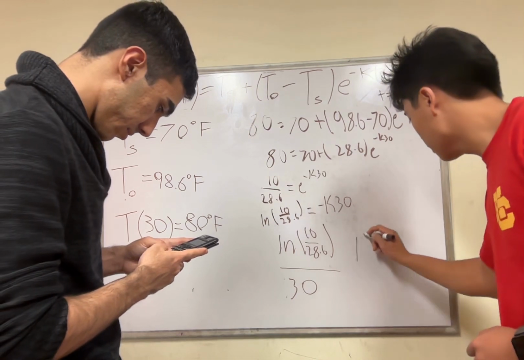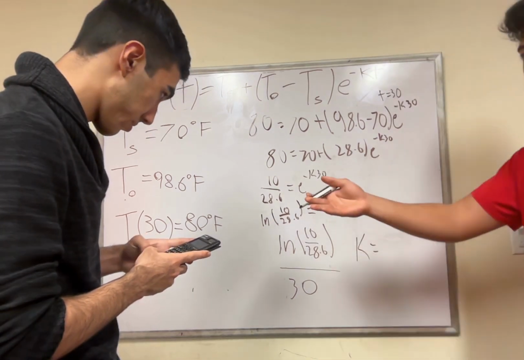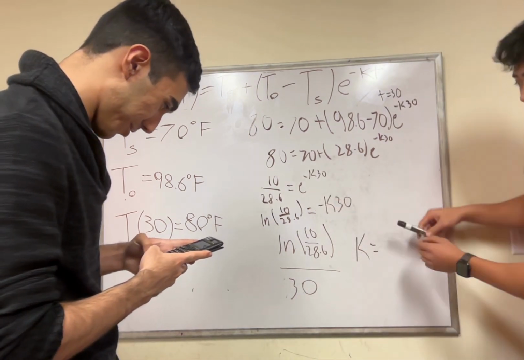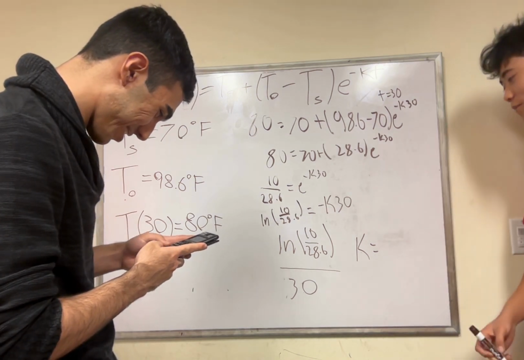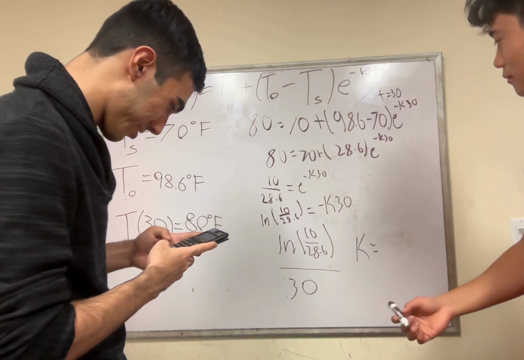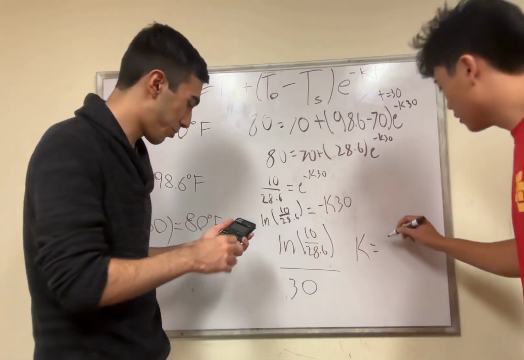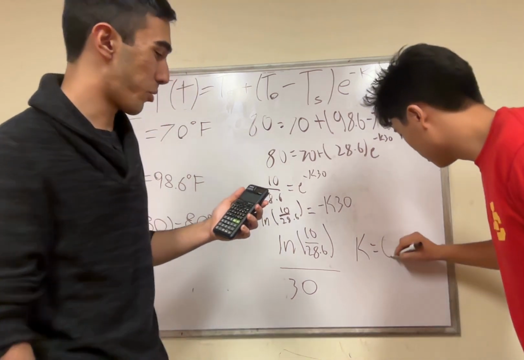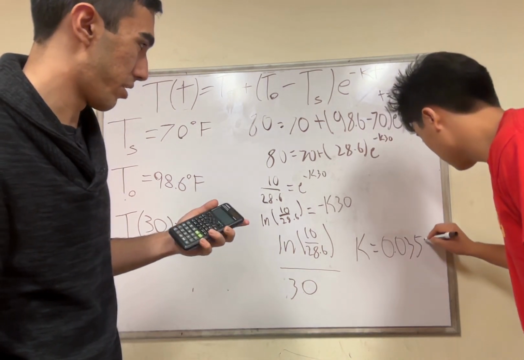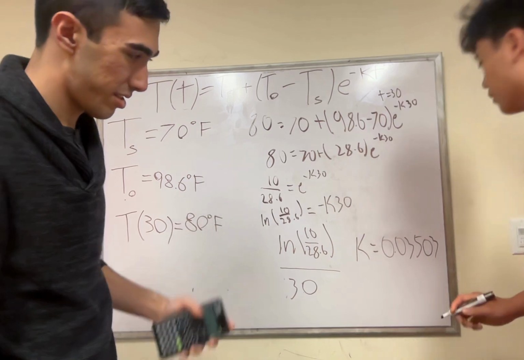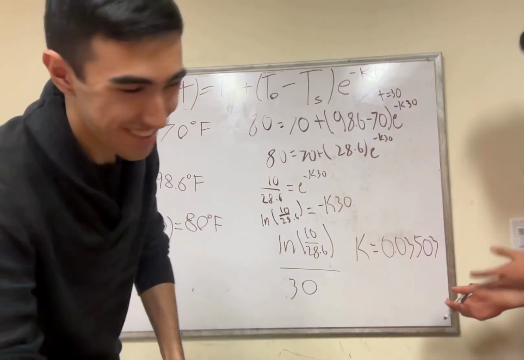And then our k comes out to be, drum roll please, 0.03503. Awesome. Now we have our k value.